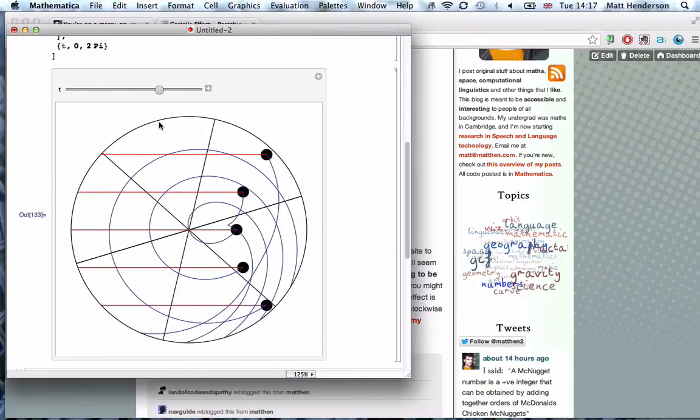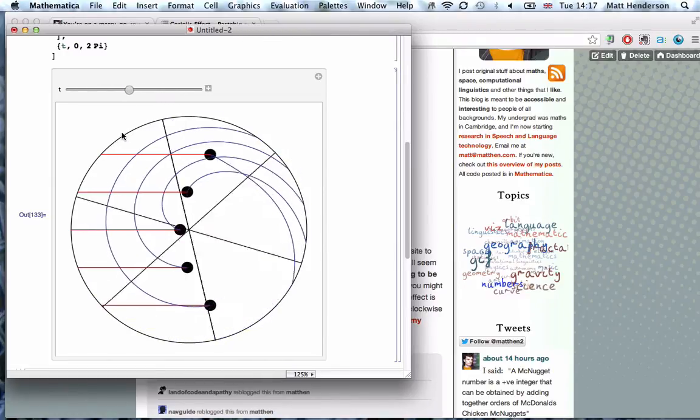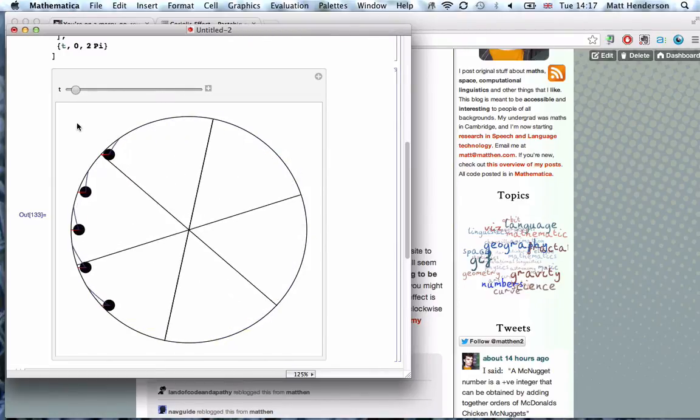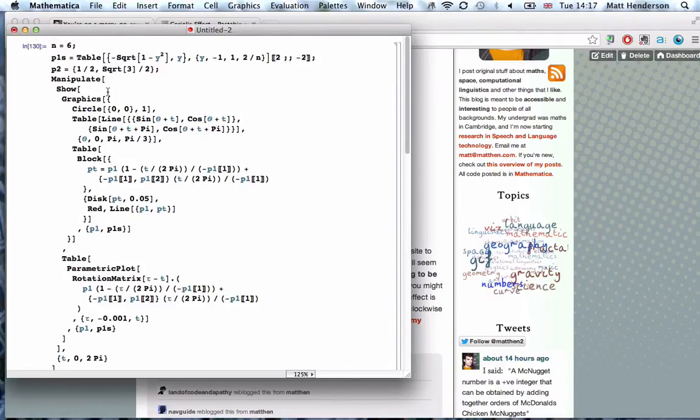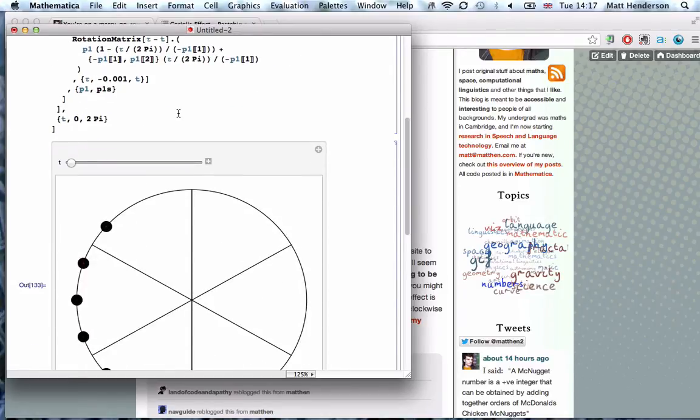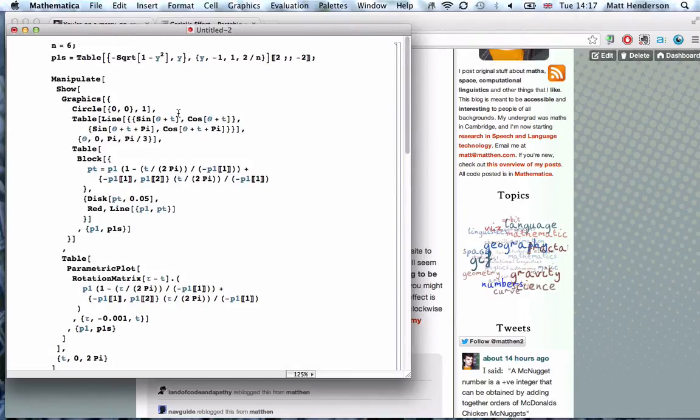Okay. And now, what about ones coming down as well? Some disks coming down. I can delete this. Right, so this will be quite similar. Okay, I'll call them P1s 2.